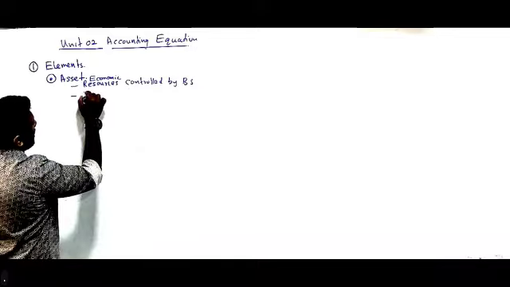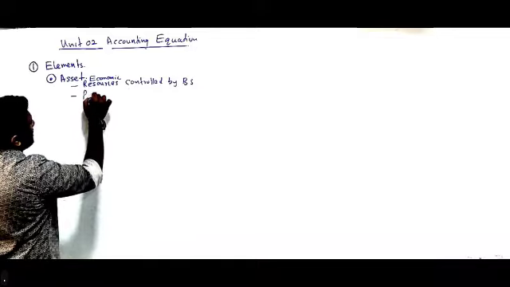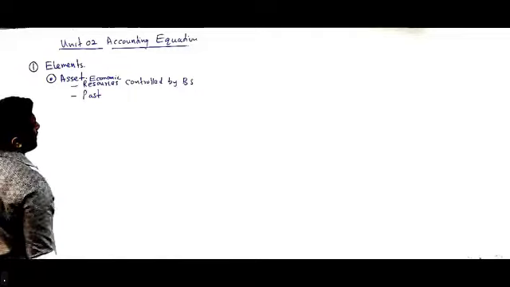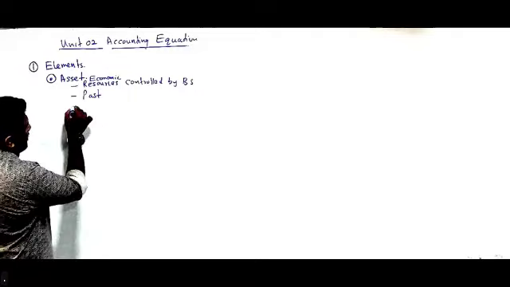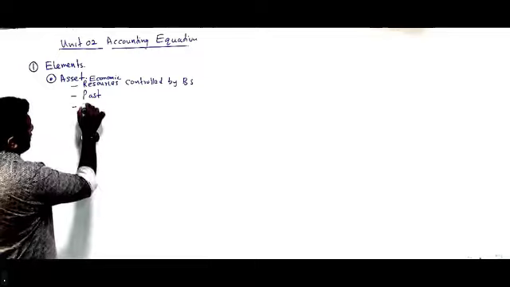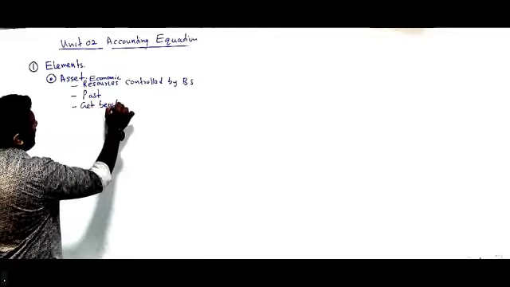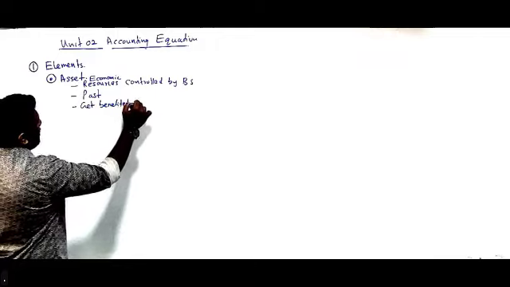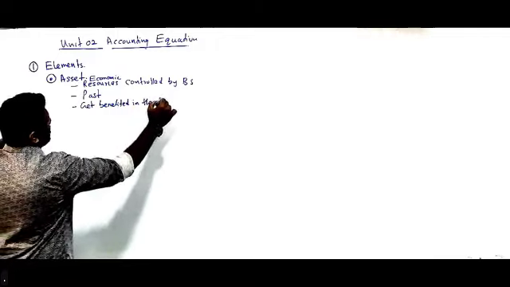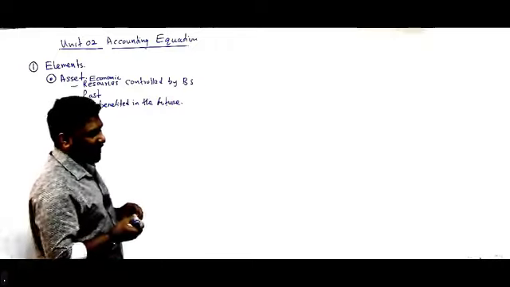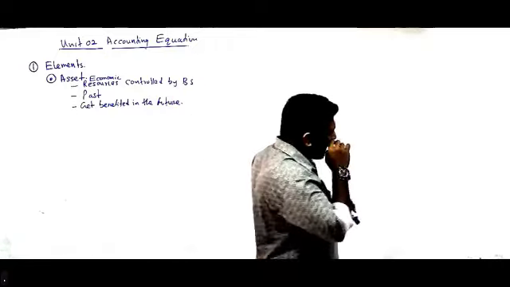Second point, what did I tell you? Available as a result of past transaction or event. Third point, we will get benefited in the future. These are the 3 points that we studied under the assets, people.